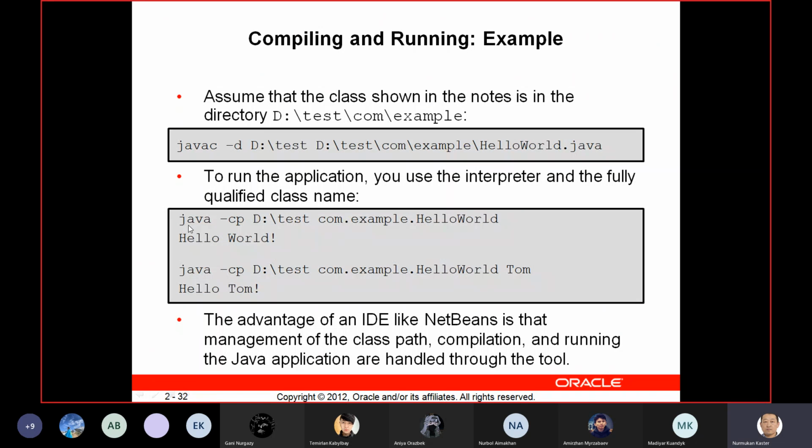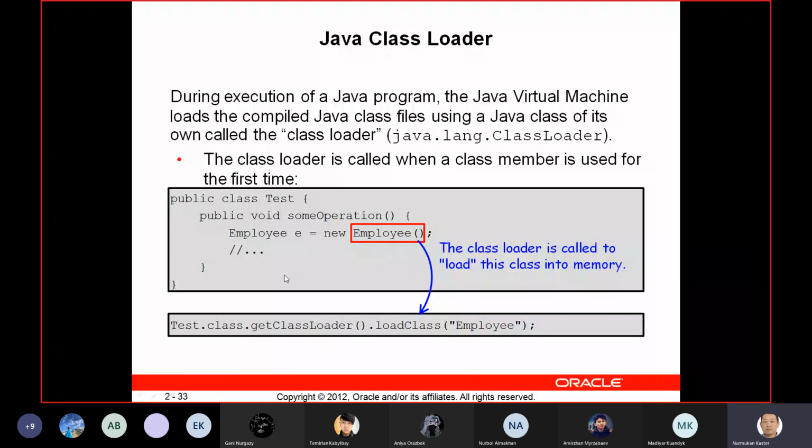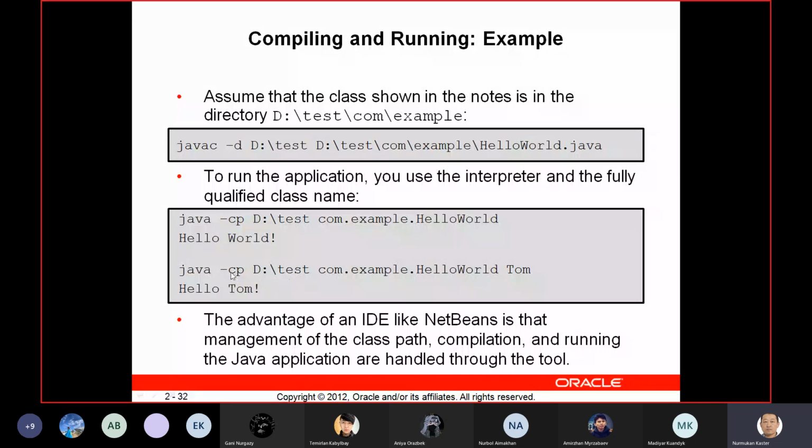Then after that you need to call it: java -cp test, then write the package name. At that time, you don't necessarily give the full path of the folder. Yes, then it will be accessed. You can also do it that way: you can give the exact, full path of the class and cp, then you can call it. After that there's Tom, hello Tom.